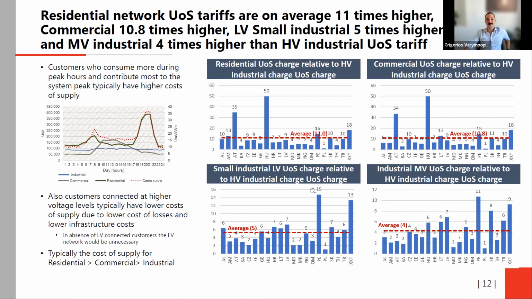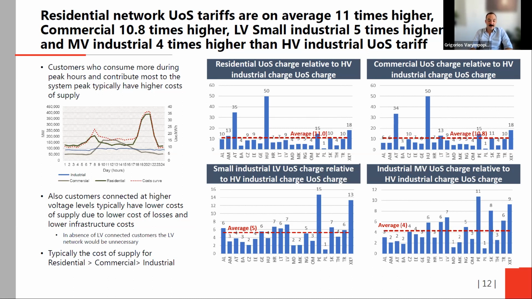But on average, we see the relative charging structures reflect the cost of supply among MOs. Typically, the cost to supply a residential customer is higher than that of a commercial customer and that of an industrial customer, and this is for many reasons. One of the reasons is that high voltage customers have lesser network costs than LV customers because of lower losses, and because HV customers do not use the MV and the LV network.